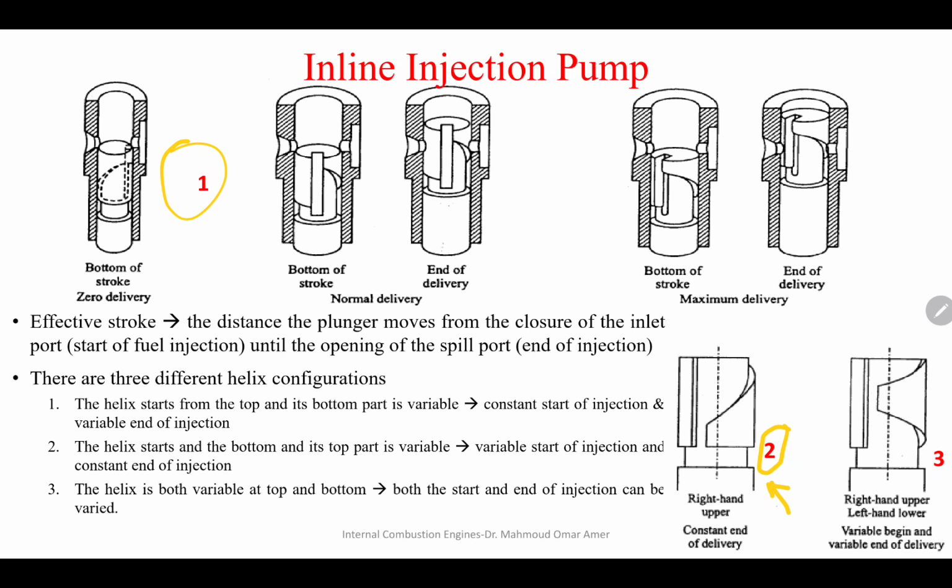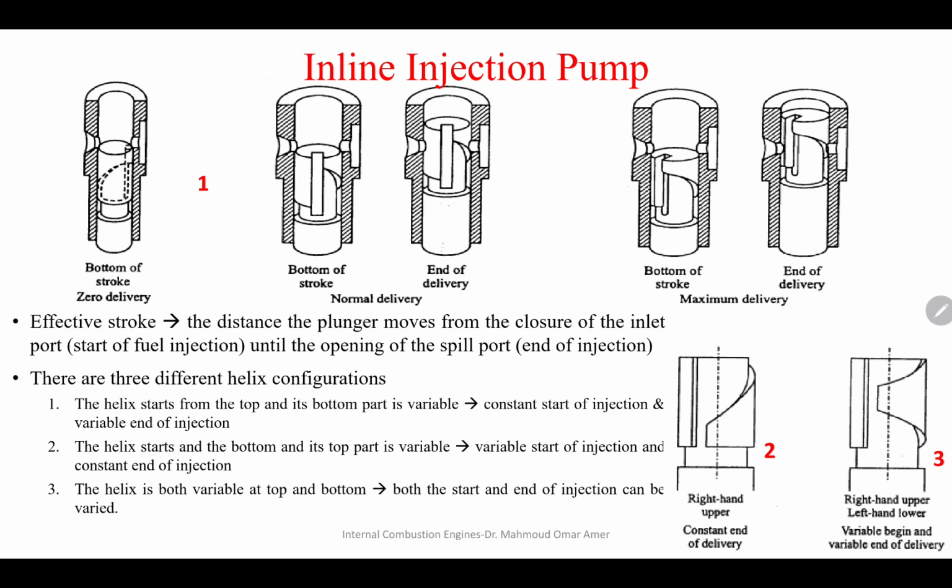The third type has both types: a helix hollow from the top going down, and another helix from the middle to the end of the plunger. So the first plunger is solid at the top and the helix moves down. The second plunger is solid at the bottom and the helix moves up. Okay? The third type has a helix from the top and another helix from the bottom.